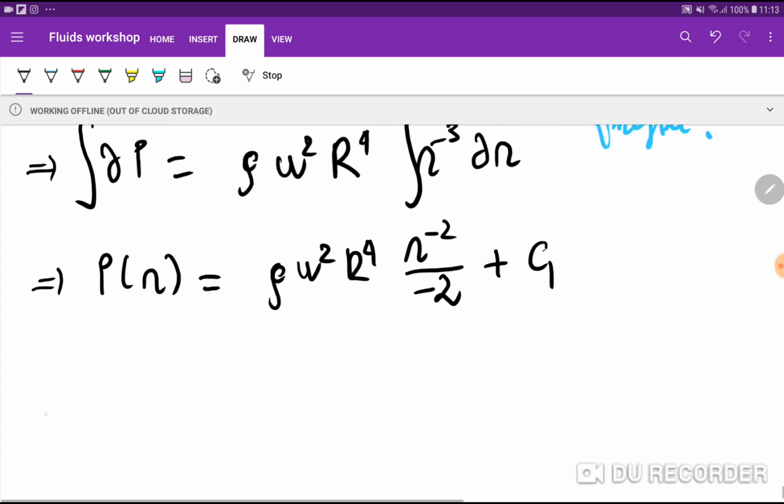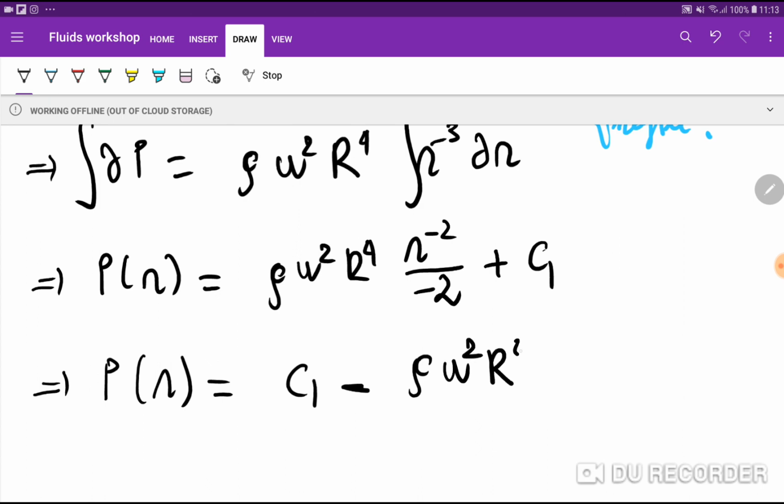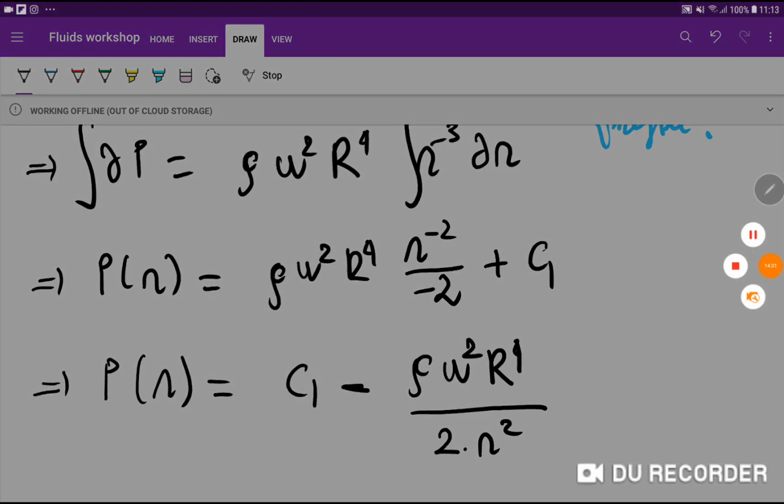Okay, and if you rewrite it, you get pressure as a function of radius equal to C1 minus ρ ω² R⁴ over 2 r². Okay, that is your pressure profile.